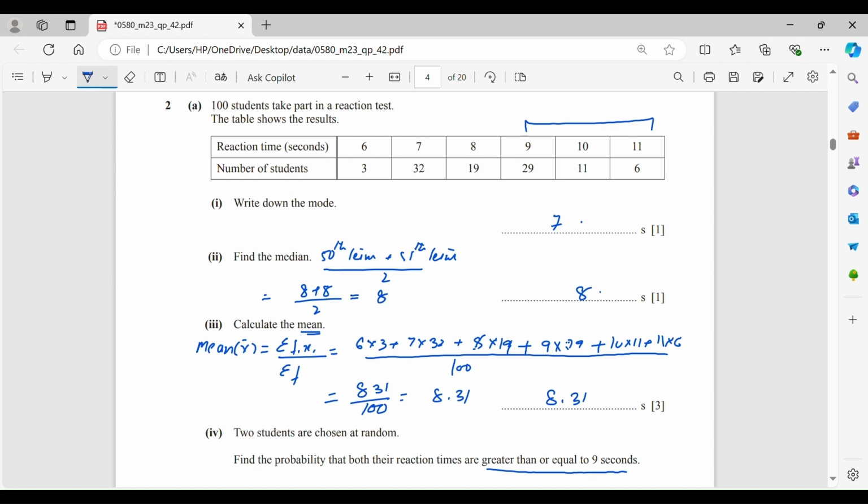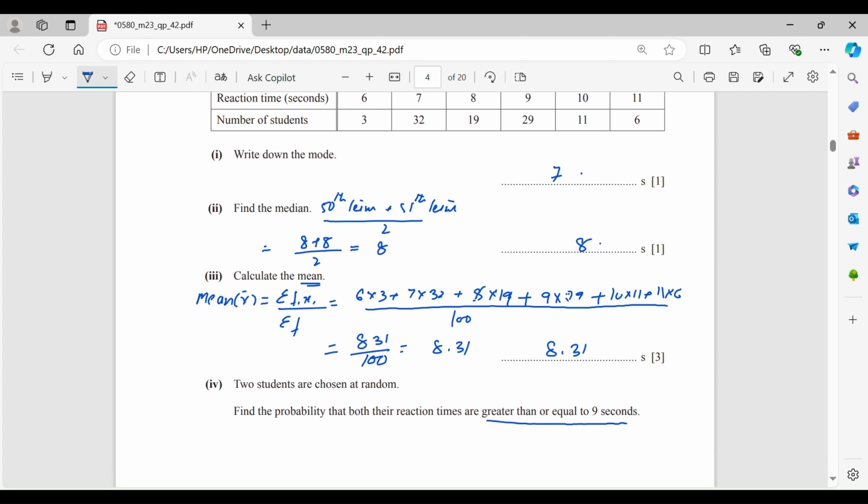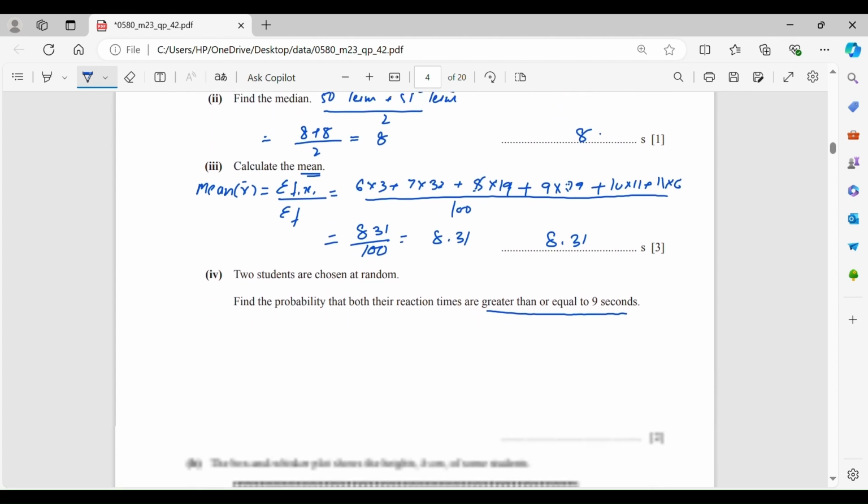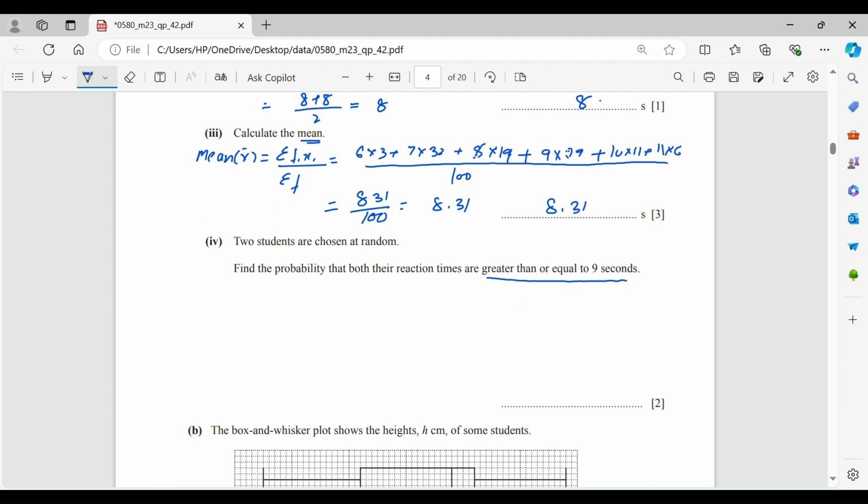So 46 students are there. So our probability will be 46 by 100 into 45 by 99. So this will be equal to 23 by 110. So this will be our answer. It's an easy part, 23 by 110.